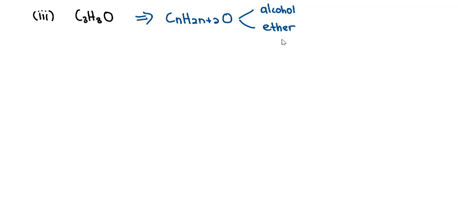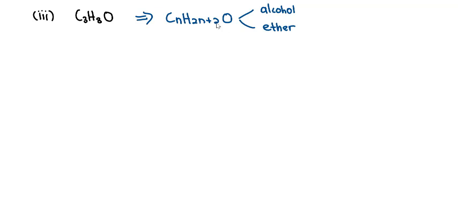Since we have two classes of compound here, this structure can make a functional group isomer. But we have only 3 carbons, so it won't have a chain isomer, right? And since we have a functional group here, it can have a positional isomer.